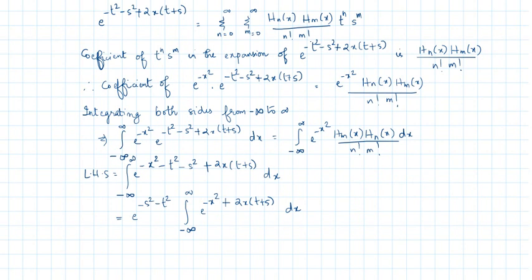Now you integrate on both sides from minus infinity to infinity. And why these limits? That we have seen in the previous video. For Hermite polynomials, the limit of integration is from minus infinity to infinity.